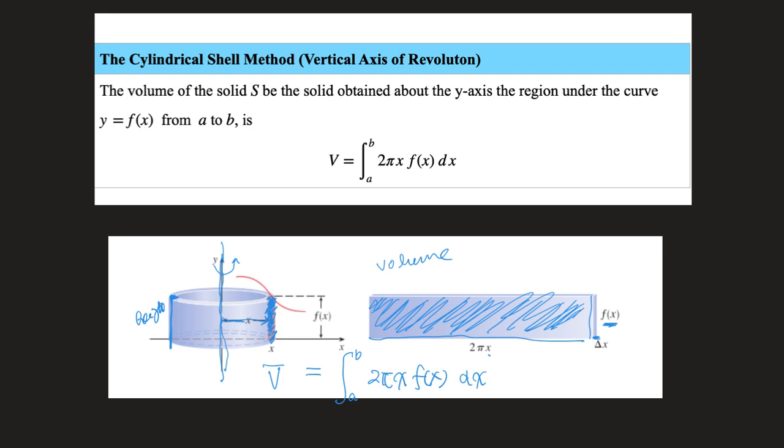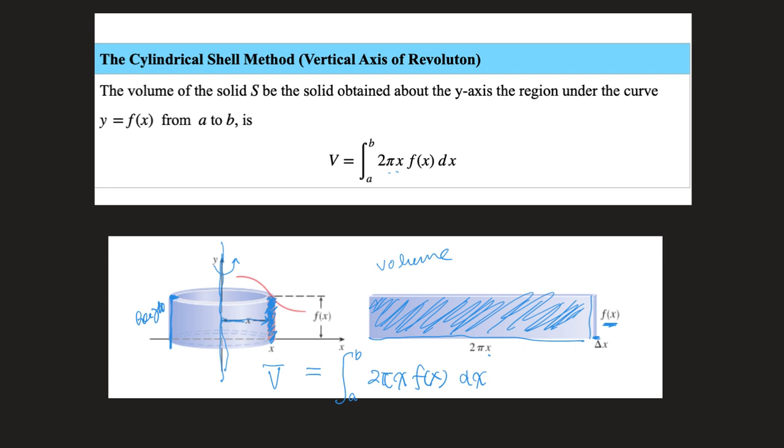So make sure of the cylindrical shell method. For the shell method, the rectangle is parallel to the rotating axis. Here it is, 2 pi x f of x dx. So I'm going to give the formula for this shell method. How are we going to remember this formula, guys?